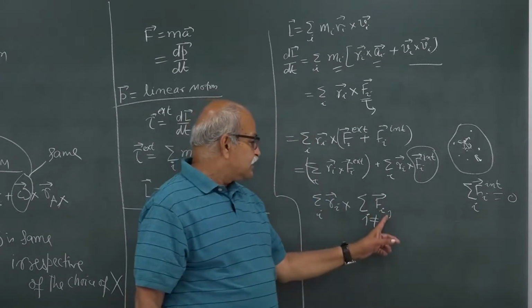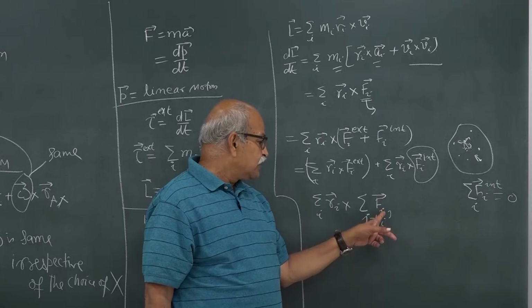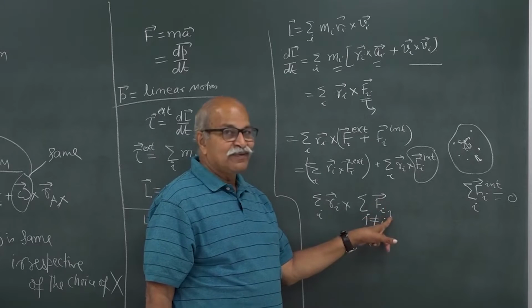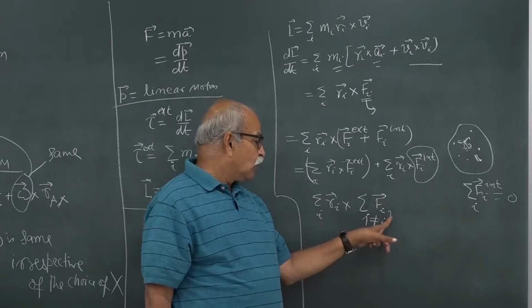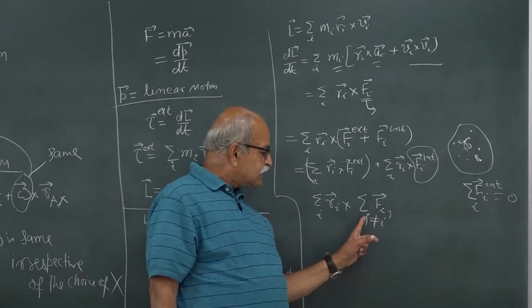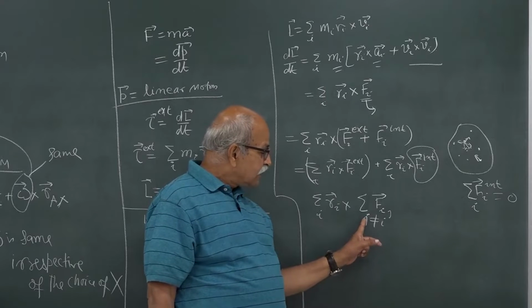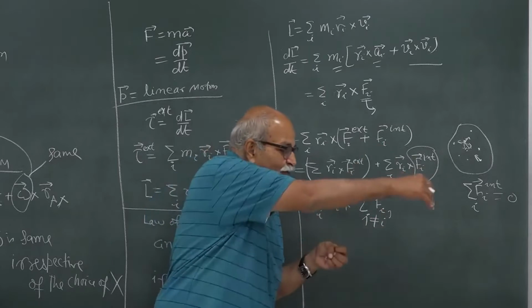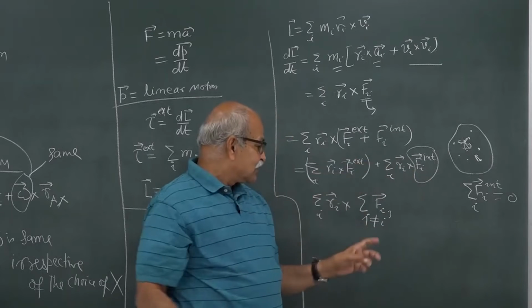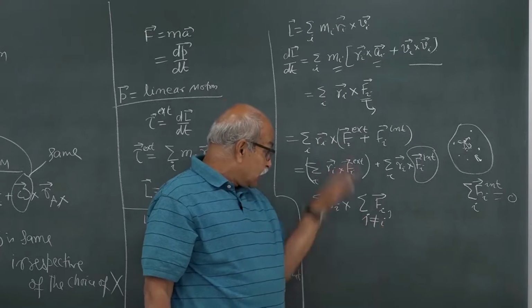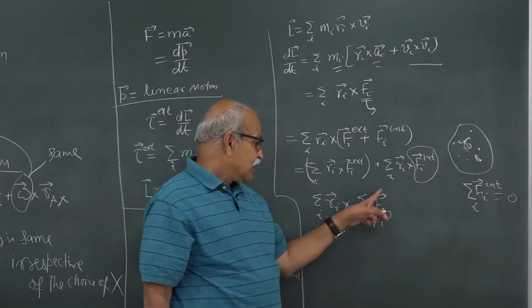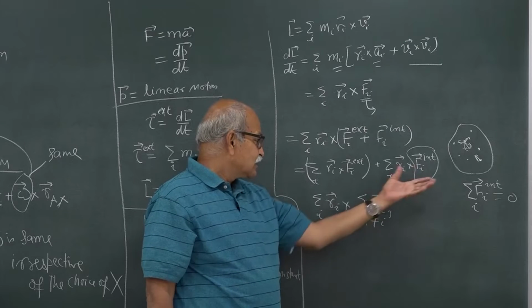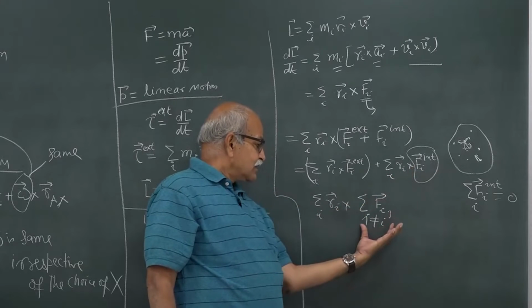Okay, what is this Fij? It is the force on the ith particle by the jth particle, and then we go for all the values of j for the second, third, fourth, nth particle except this i, because I have to consider forces by the other particles. That is why this j is not equal to i. All other j I have to consider, and then this total quantity is this quantity.